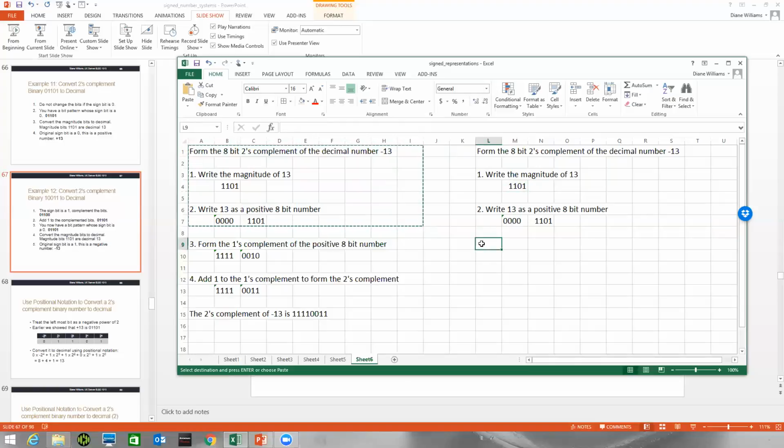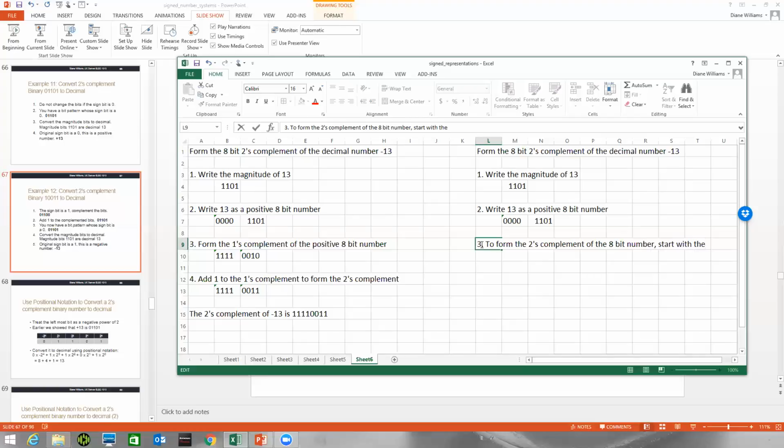To form the 2's complement of the 8-bit number, start with the rightmost bit.